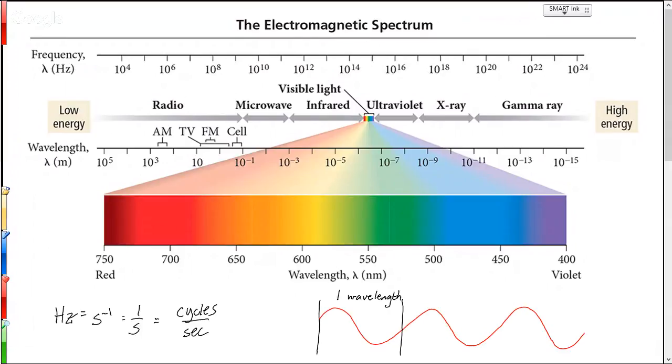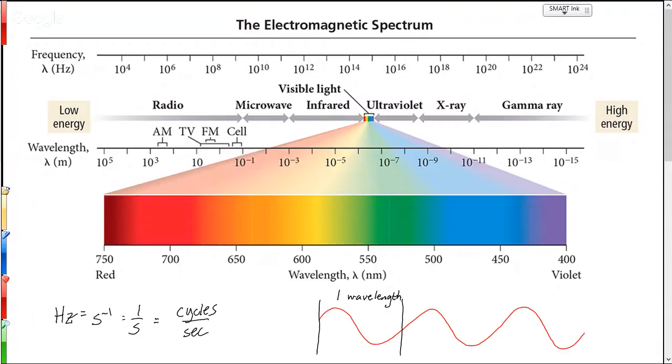We could talk about going peak to peak or valley to valley or middle to middle, however you want to cut that is fine. So when it completes 1 wavelength, when we talk about hertz, we're talking about how many times it is doing that per second. So the frequency is how many times the light is doing this per second as it goes through a particular point.